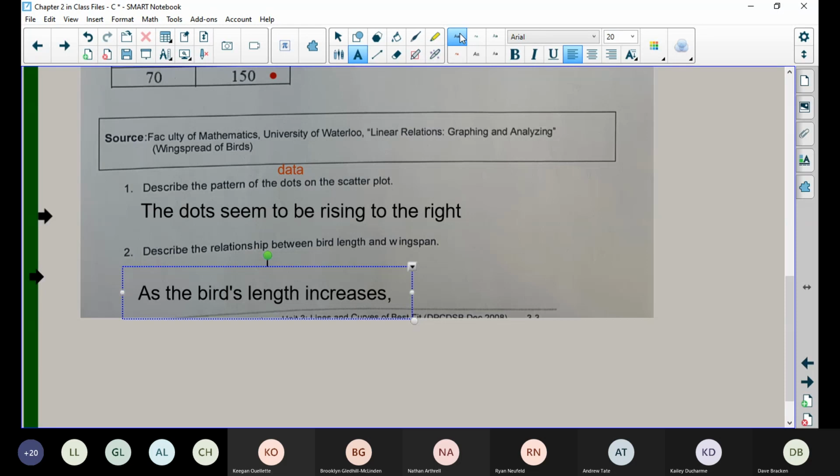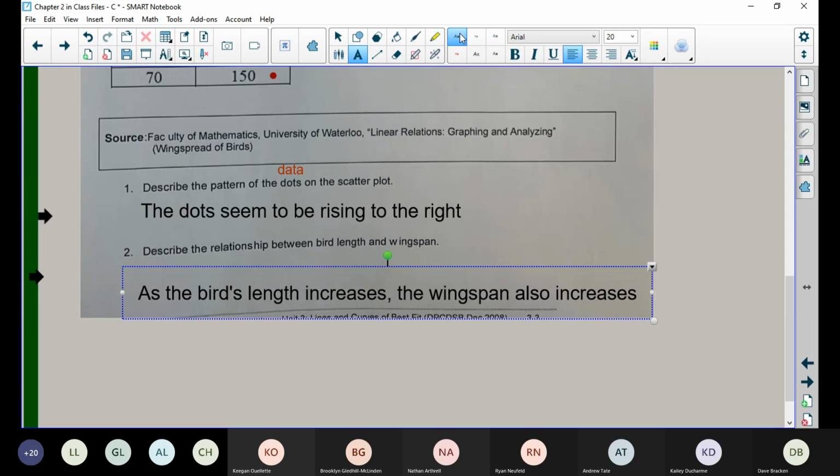As the bird's length increases, as your tibia length increases, as the distance from the basket increases, as the age of the house increases, it's always that bottom one, the first one in your table, increasing. Then you decide what's going on with the second one. The wingspan, so increases in this case.